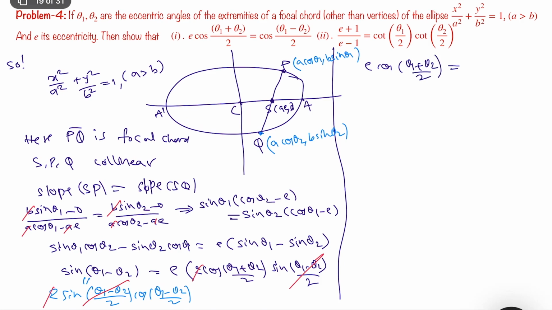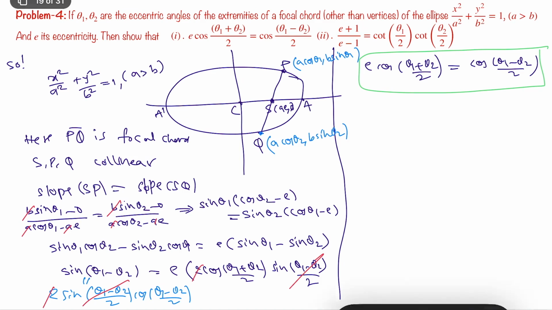On the left hand side, what we have here is cos of (theta 1 minus theta 2) by 2. Fine, this is the first result. We are done with the first part. Now let us do the second one. The second one actually follows from the first one.